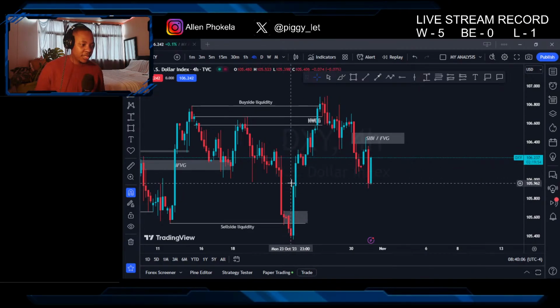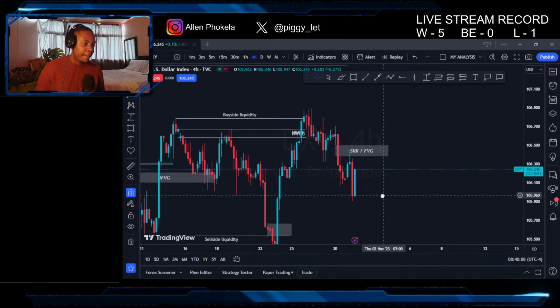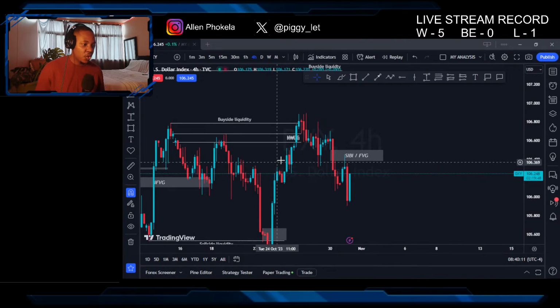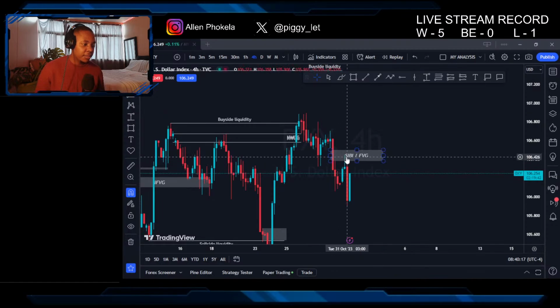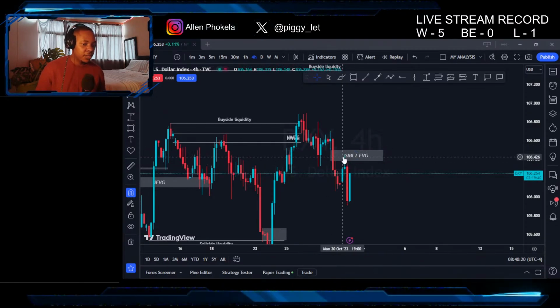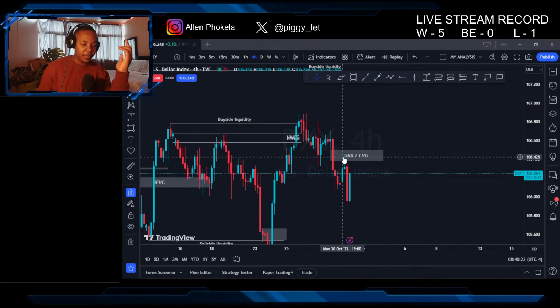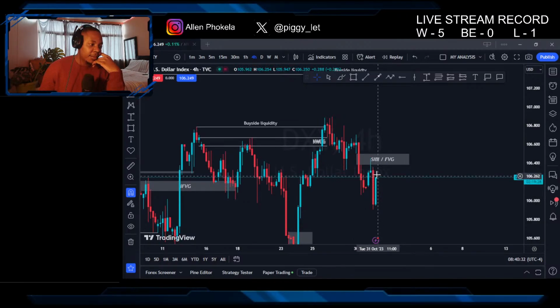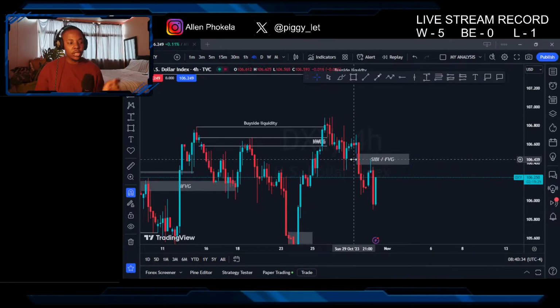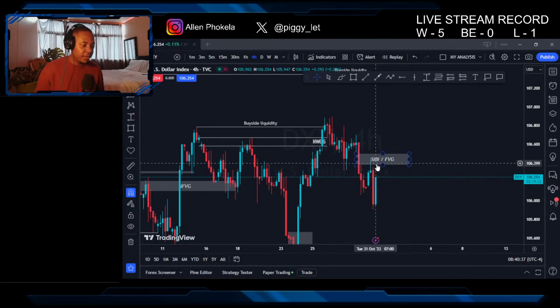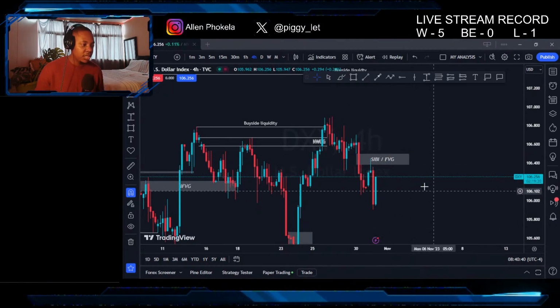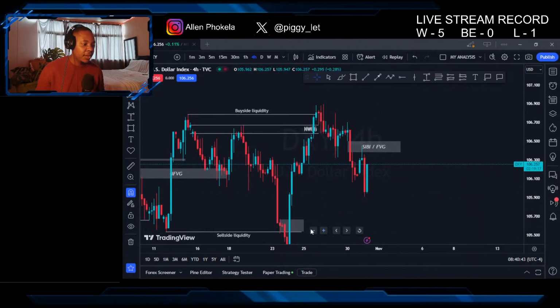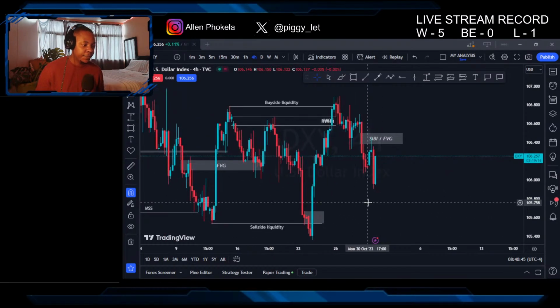I keep saying BC, I always do that, they all sound the same. But yes, I still expect price to hold from this bearish breaker block and this fair value gap, and then keep tanking lower. That's what I'm expecting from the dollar index right now.